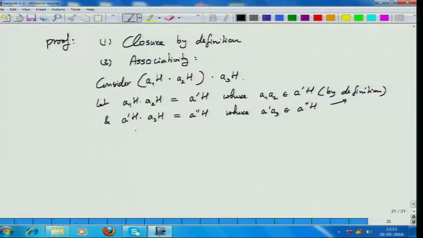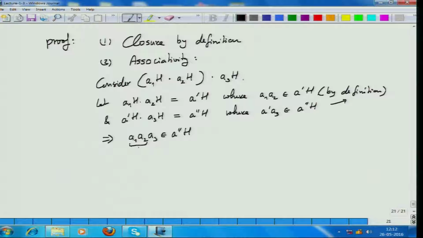Now, put these two together. What is the relationship, or what is A''H in terms of A1, A2, A3? See, A1A2 is in A'H, and then A'A3 is in A''H. So, why is this?